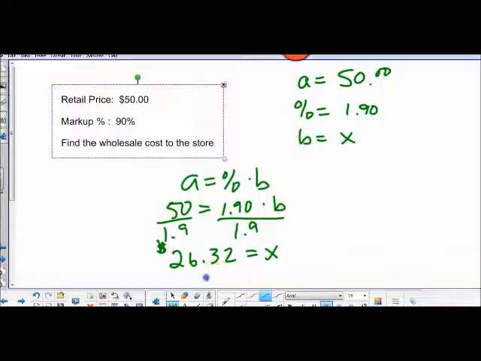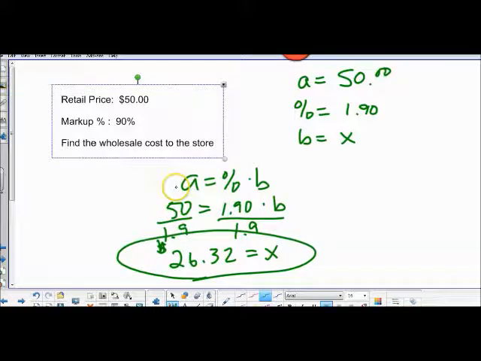All right, so the original cost is $26.32. If I find 90% of this number and add it onto this number, I'll get 50. But if I use 90% of 50, that's $45. If you subtract that away from that, you only have $5. The cost was $26.32, and then you increase that 90%. So again, you can't use 90% here because you don't have the original price, but you can use 190% because that's what $50 is, 190% of the original price.